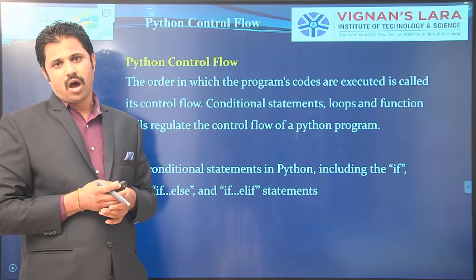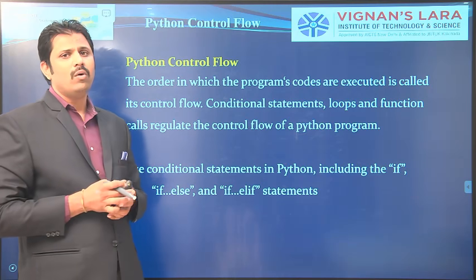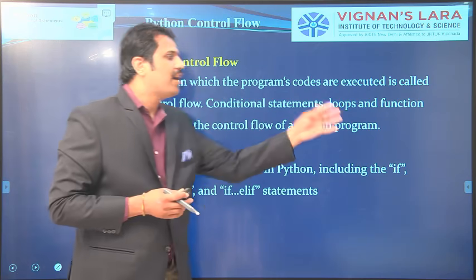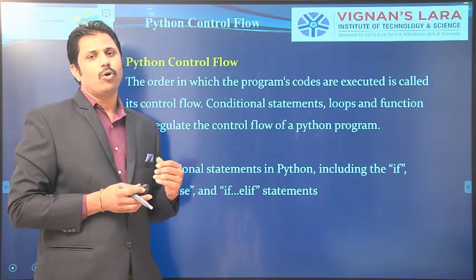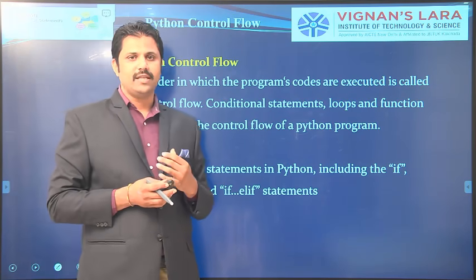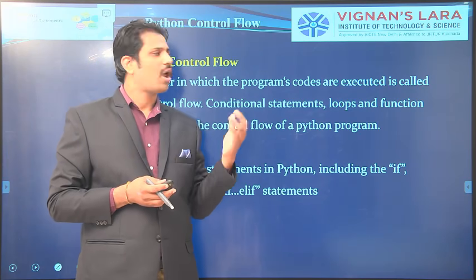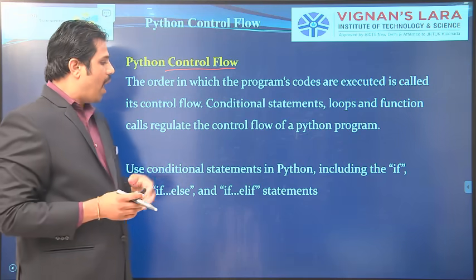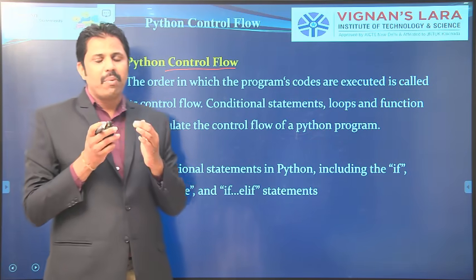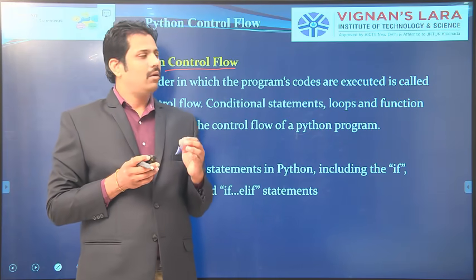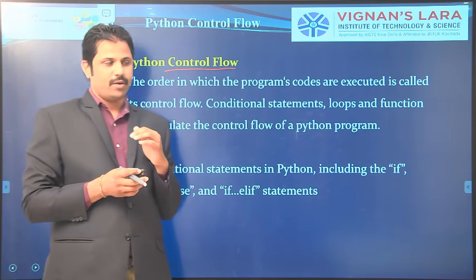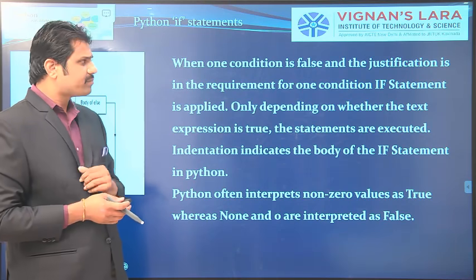Loop statements are for loop, while loop, and so on. And also functions. In C we have already seen how to define a function; those are also called control flow statements. So let us see one by one how the syntax works in Python.